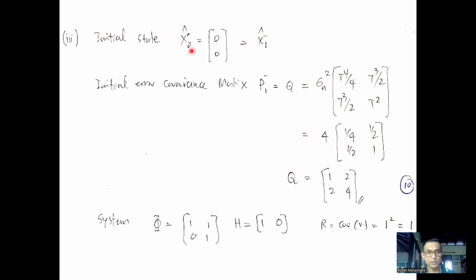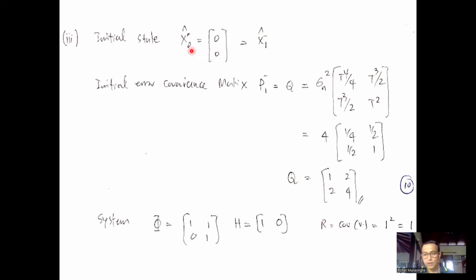X hat means the Kalman filter estimate. Because I don't have anything at this moment, I can assume anything. Even for the filter, you must start with some value, whether it is right or wrong is a separate matter. So by default, we start with 0, unless we have some idea of the state.